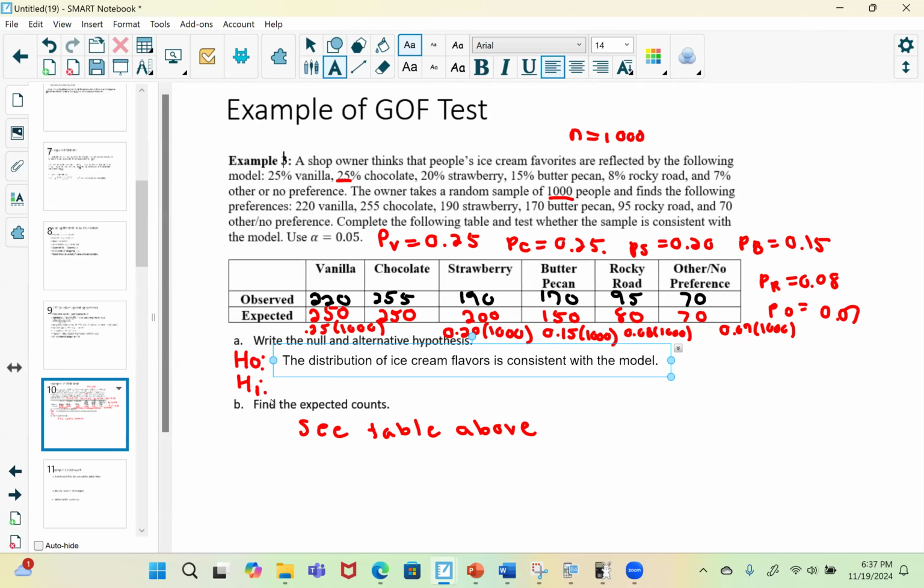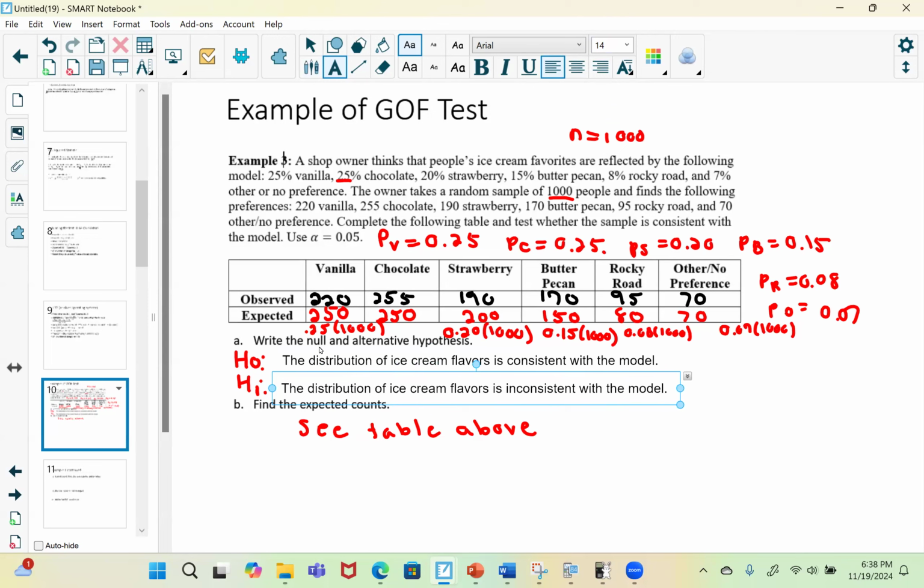And that is usually the null. And then the alternative is that it's not consistent. So the distribution of ice cream flavors is inconsistent with the model. So that's always our null and our alternative. Just make sure to include the context.